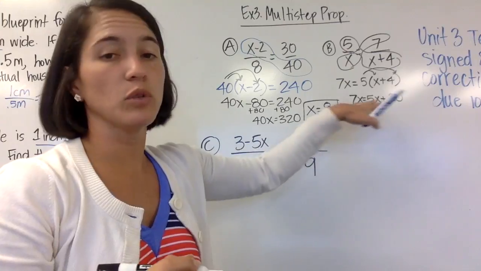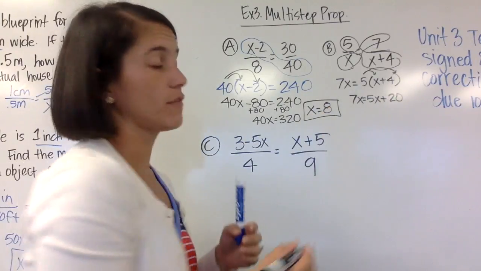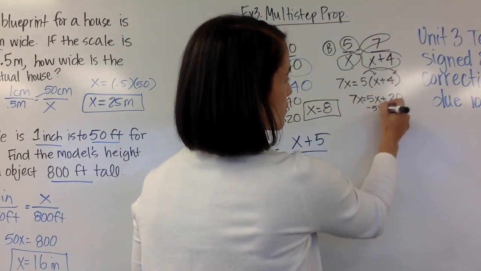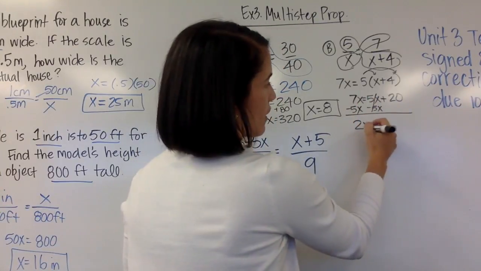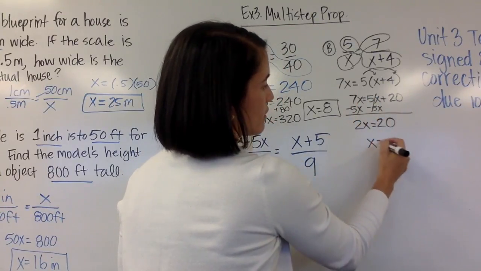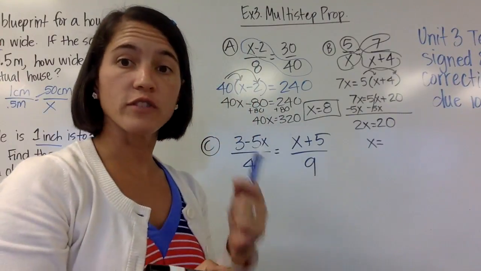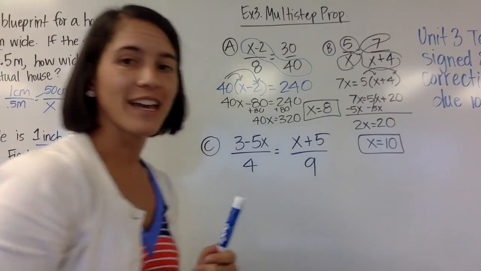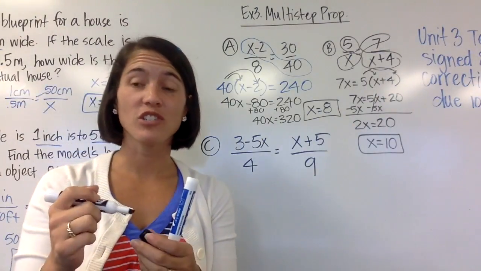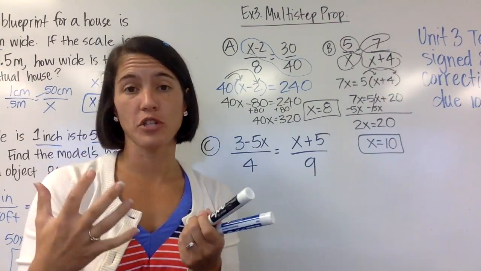Now I have variables on both sides. We know how to solve variables on both sides. We need to subtract 5x, and I get 2x equals 20. And we know that if 2x equals 20, then x equals 10. And again, the nice thing about equations is we can always go back and double check.